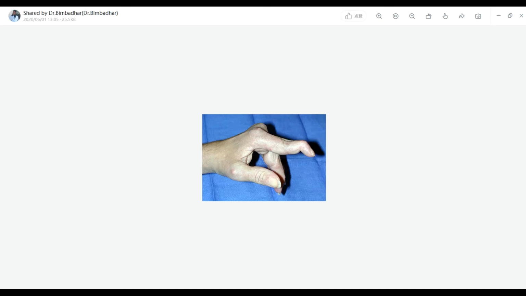All right. Okay, what about the second picture? Oh, sorry, third picture. What about the third picture?